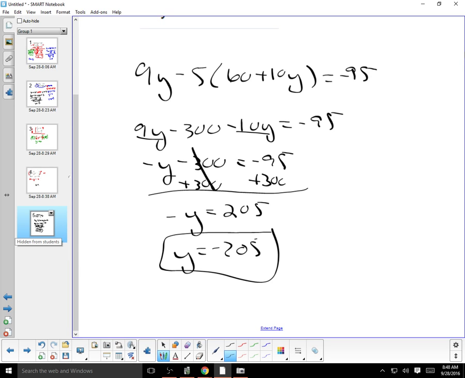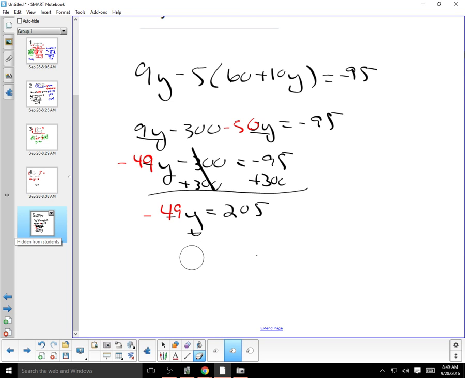Oh yeah, negative 5 times 10. That should be 50 right here. Thank you. So, negative 50. That means this becomes negative 49 here. Is that correct? Maybe 41? 41.